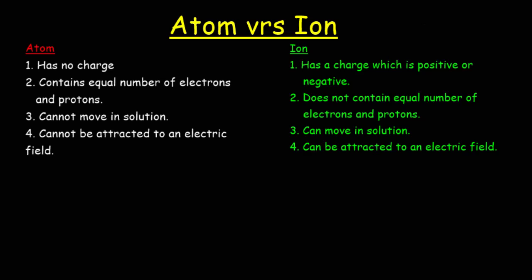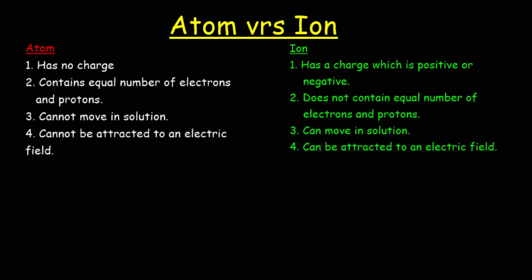Hello, in this lesson, we are looking at the differences between the atom and ion. In one of our previous lessons, the atom and ion are part of the building blocks of matter.